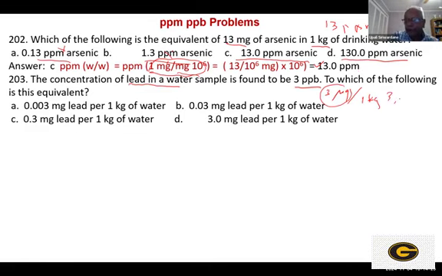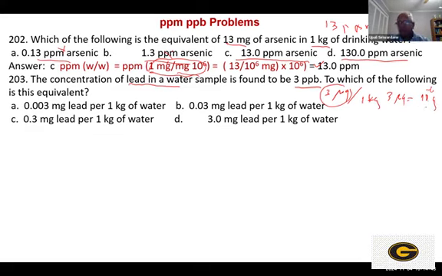Convert to milligrams. A microgram is 10 to the minus 6 grams.